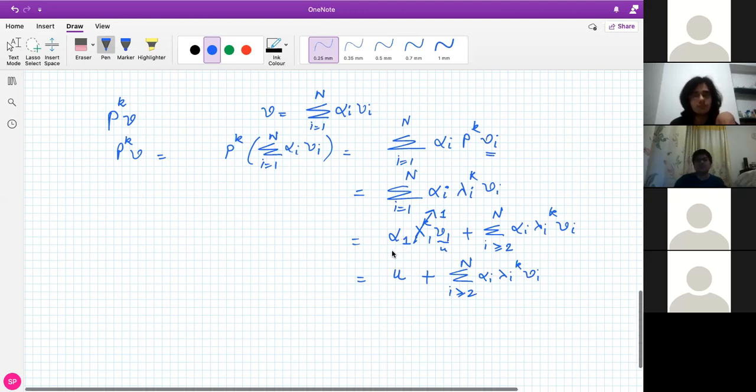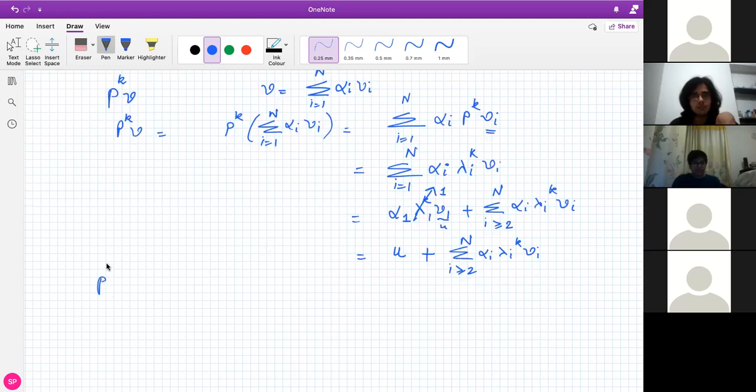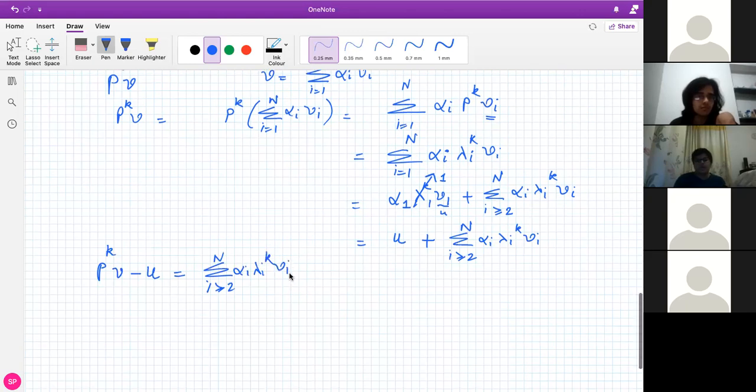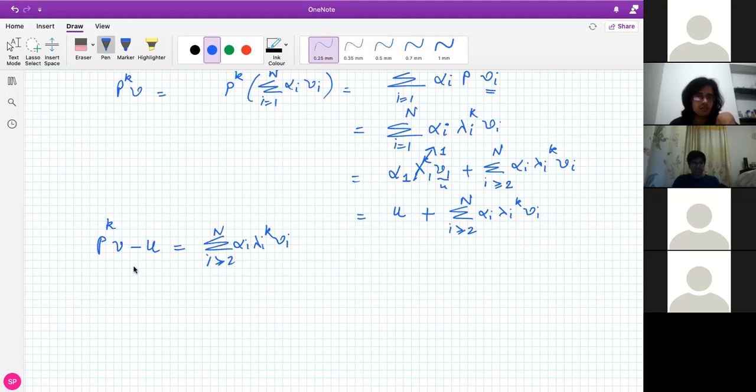Okay? That's the reason. So now what we see is this P^k V minus U is this quantity. Okay. And I'm not going to go into detail of this calculation, the next calculation, but using some linear algebra, you can prove that this is upper bounded by (1 minus delta) whole power 2k, okay?